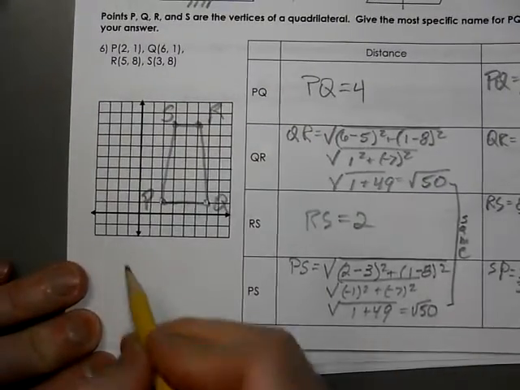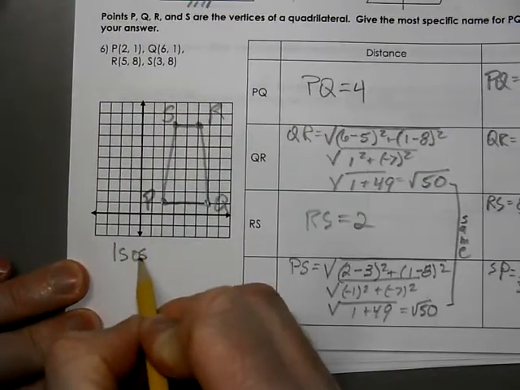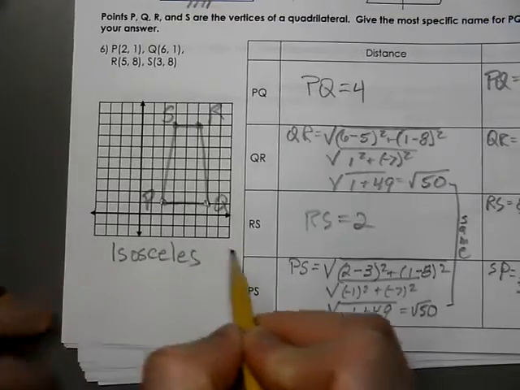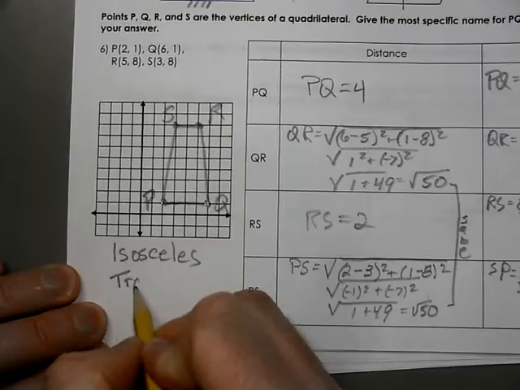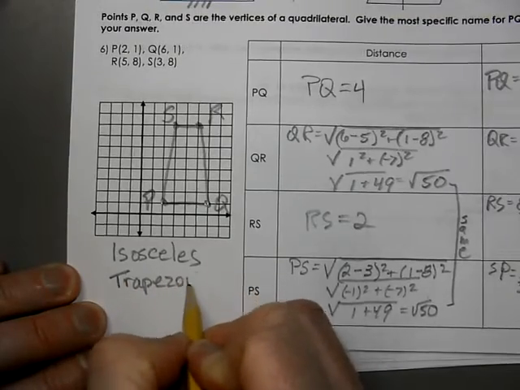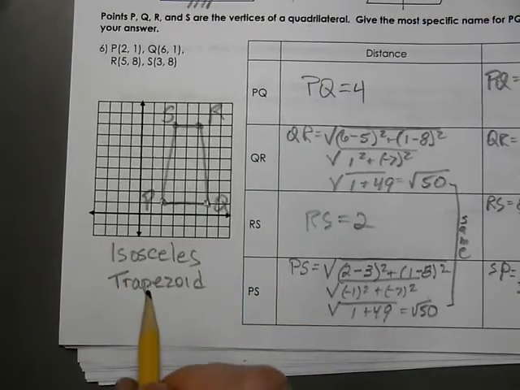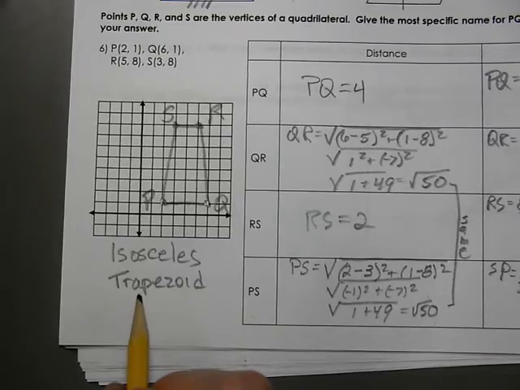So this shape is an isosceles trapezoid, because we have exactly one set of parallel sides.